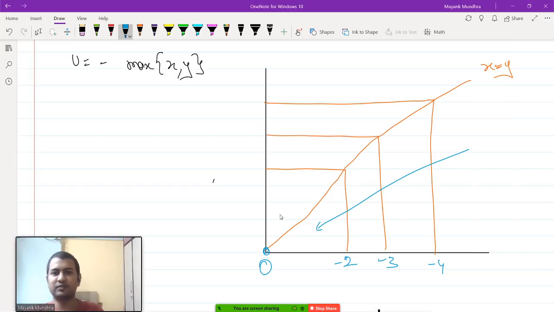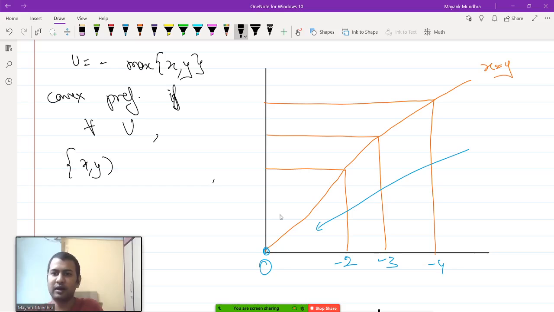Okay, so Mr. Surly has weakly convex preferences. So a person has convex preferences if for all utility levels u, the set of points x comma y such that utility at x comma y is greater than or equal to u, let me call this the SU set, is convex.